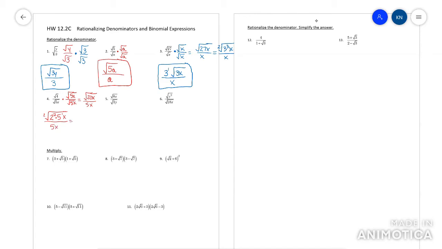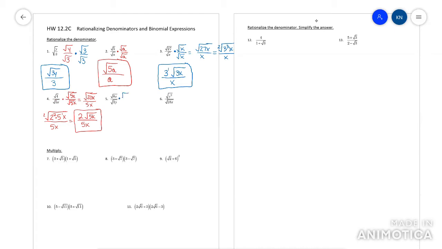And so you should realize you can take a 2 out. Left over in the root is 5x, and then it's all over that 5x. And yes, you could have just called this 2 right from the start and had 2 root 5x over that 5x. Same thing.